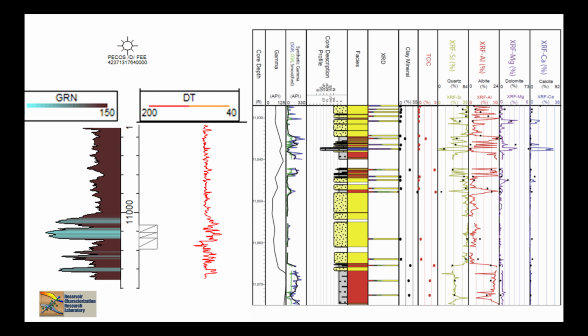In elemental distribution, it's mostly dominated by silica and aluminum, up to 30% silica, with only two peaks of magnesium and calcite. That seems to be limited to these two beds in the upper part of the core.